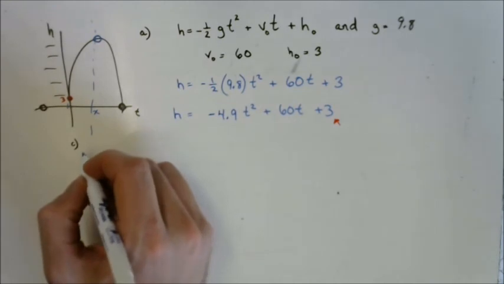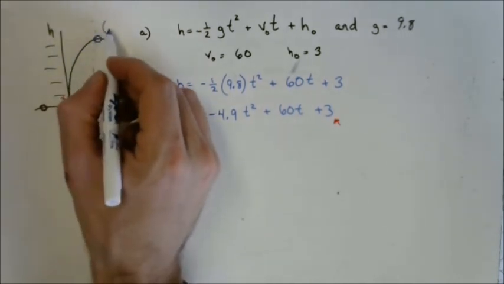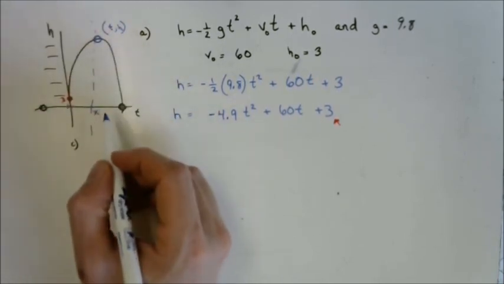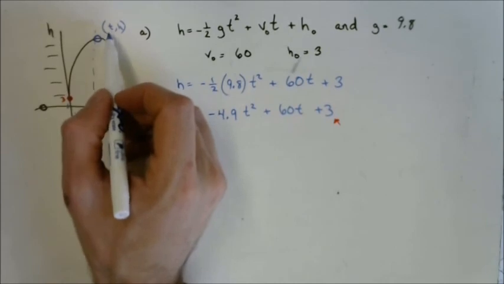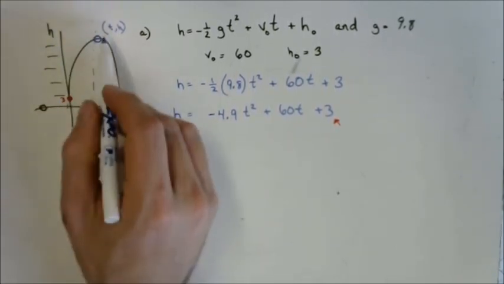We do have a special formula that helps us find the t-coordinate of the vertex. I'm going to write it, this is actually (t, h), right? T being the horizontal coordinate, h being the vertical coordinate.